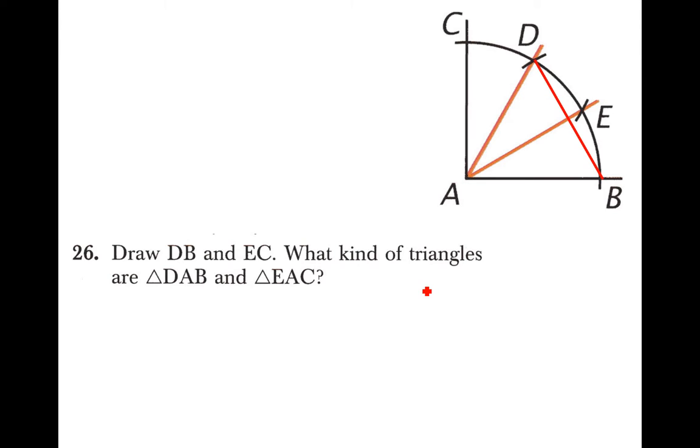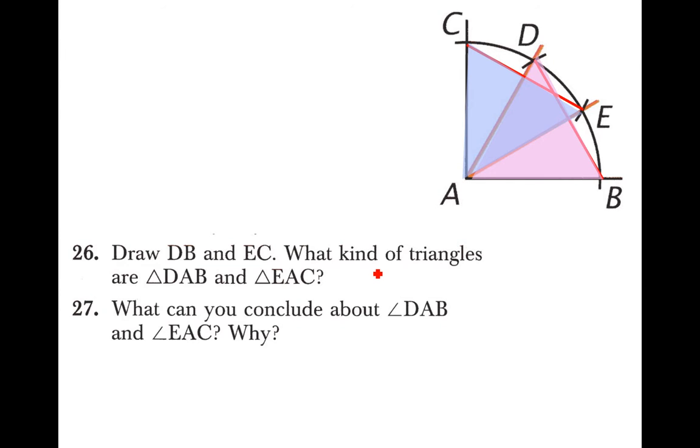Now they want you to draw those 2 segments in there. And they're asking about this triangle and that triangle. Back that up. What kind of triangles are they? Remember, you can classify them by sides or by angles, sometimes by both. Just looking at those 2.